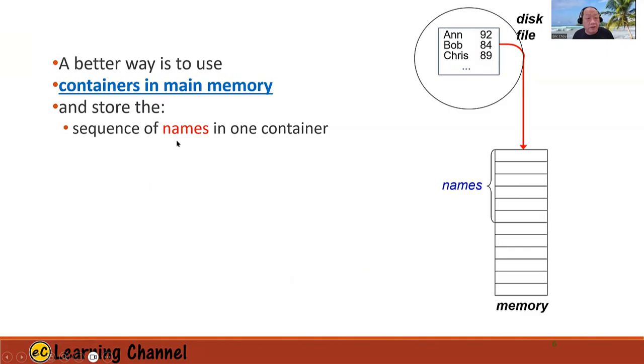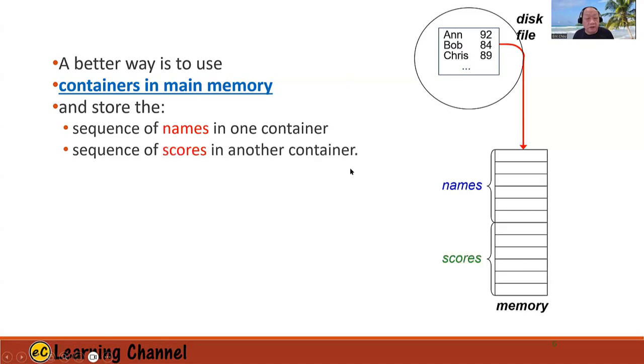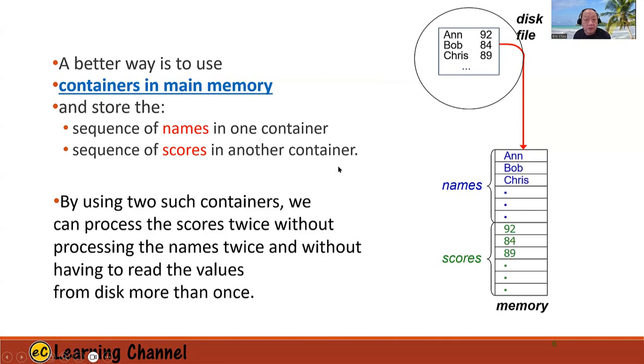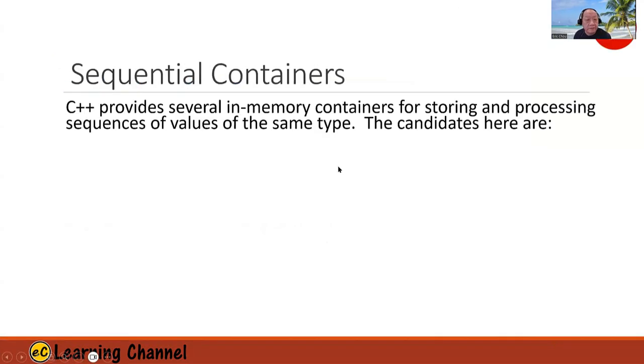So it's a sequence of names in one container and a sequence of scores in another container. You can put them into two arrays or two parallel vectors. You can use an array, and you can also use a vector.